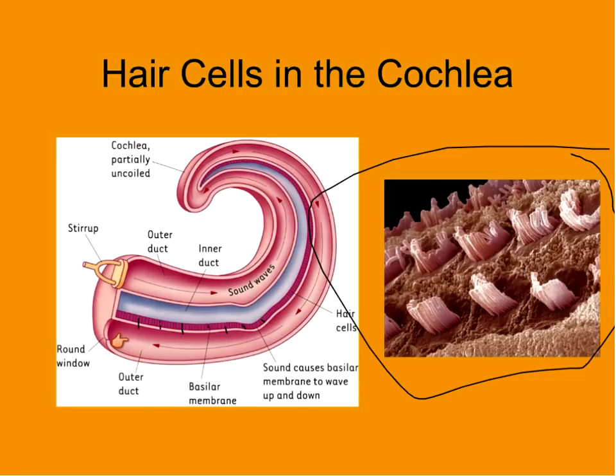It vibrates. What is the jello, it jiggles, right? I like that, Cameron. It jiggles. When the basilar membrane has the jello underneath it jiggling, what do you think happens to the basilar membrane? When the underground jiggles underneath it, what does the basilar membrane do? It moves, and when it moves, what does that do to these hair cells?